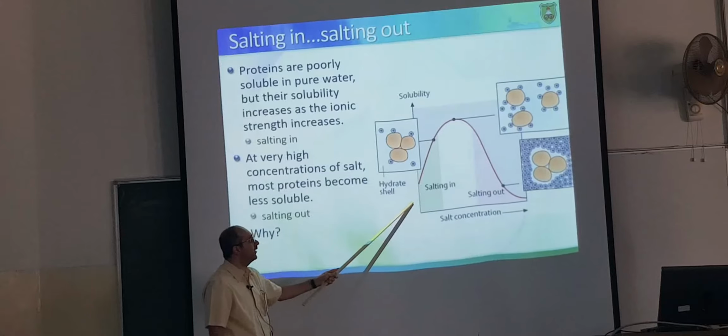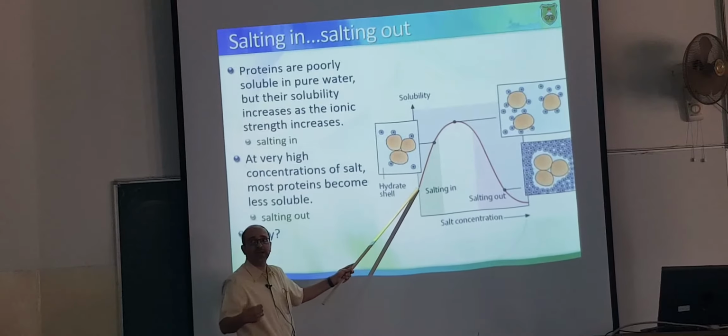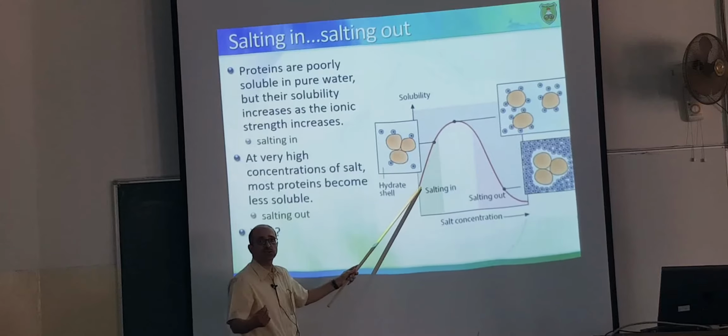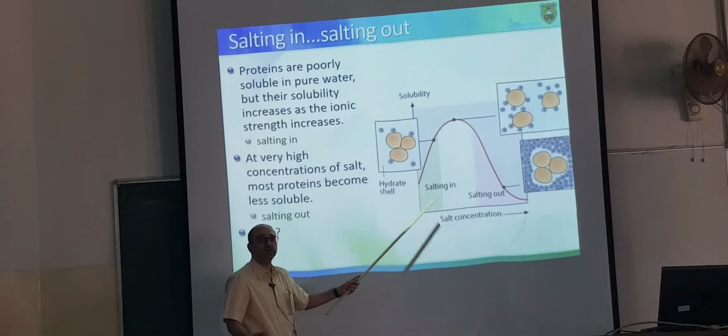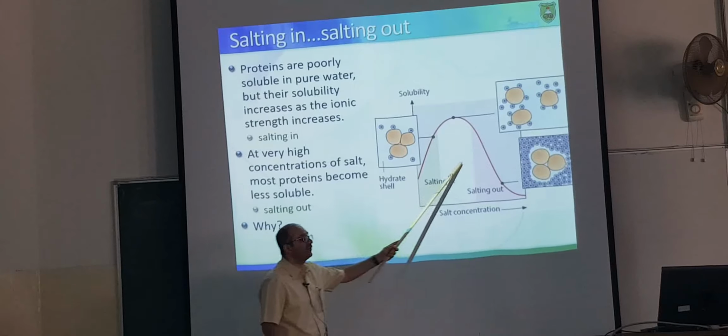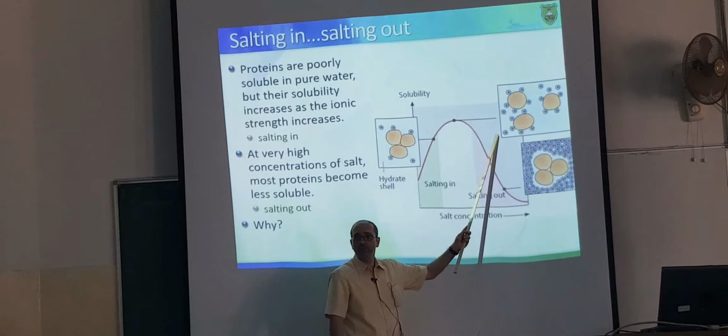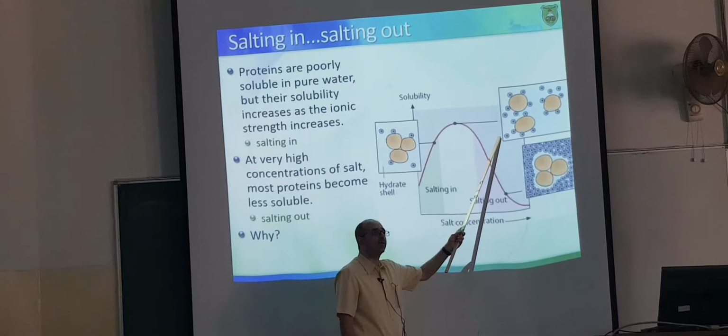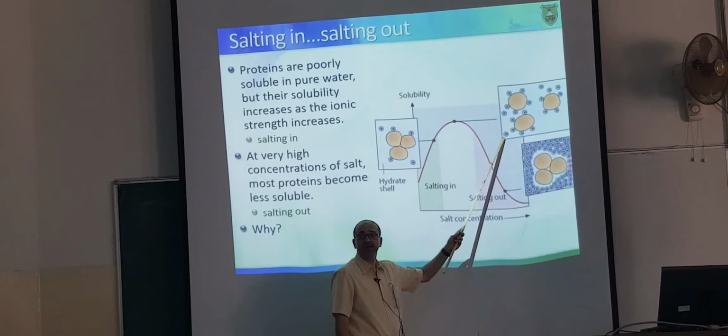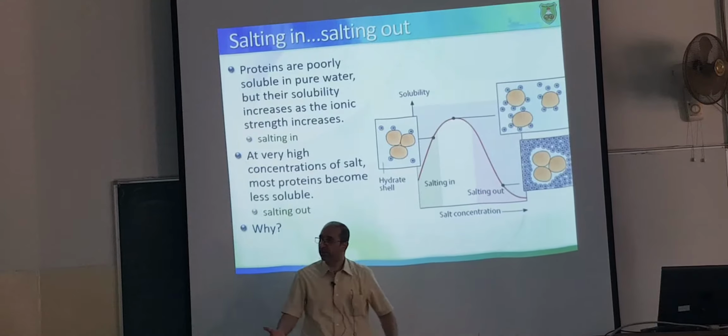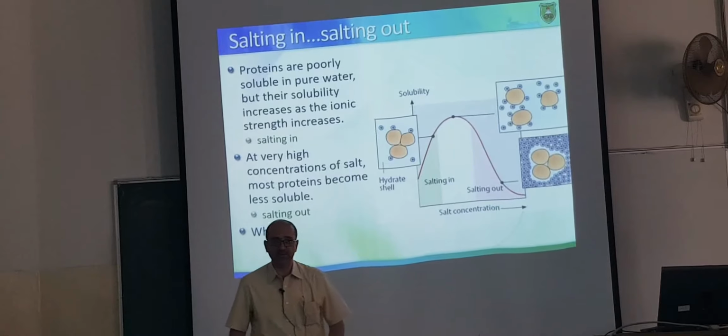Now, salting in means that I keep on adding salt to the solution. If I do that, the proteins would become more soluble, and electrostatic interactions will form between them and the ions, so they would become soluble as a result of that.